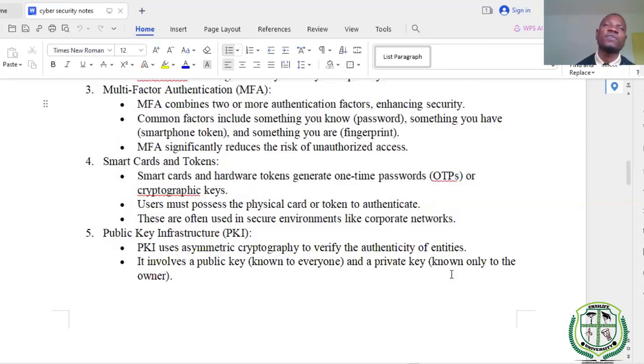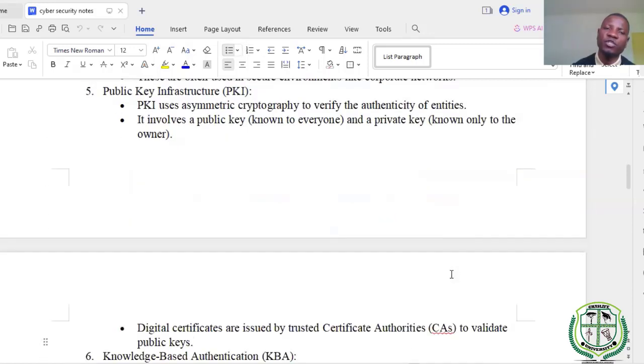You must provide a physical card that you can use to access your system or your data. Even bank cards, the ATMs, are part of smart cards. These are often used in secure environments like corporate networks.